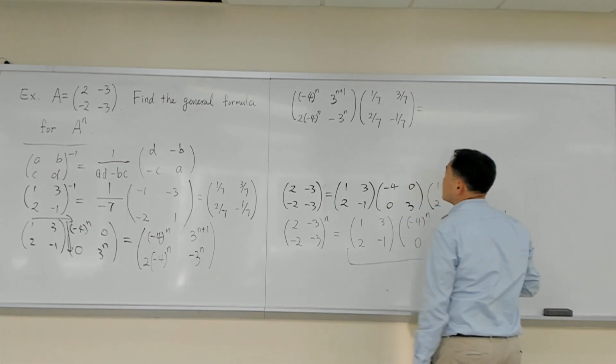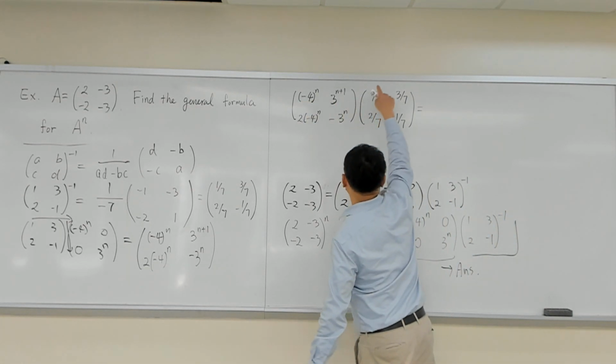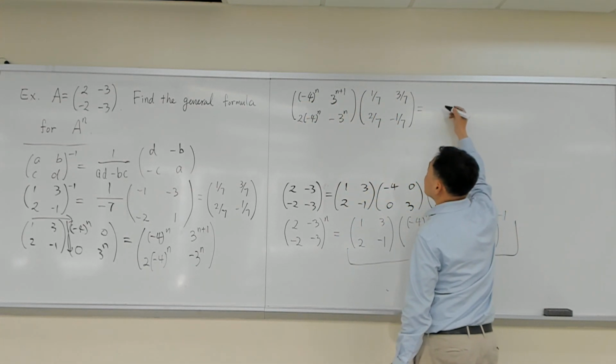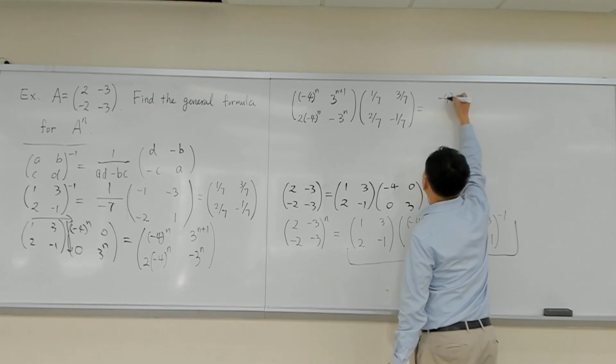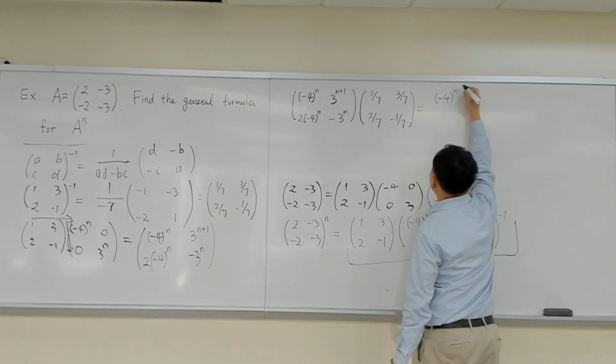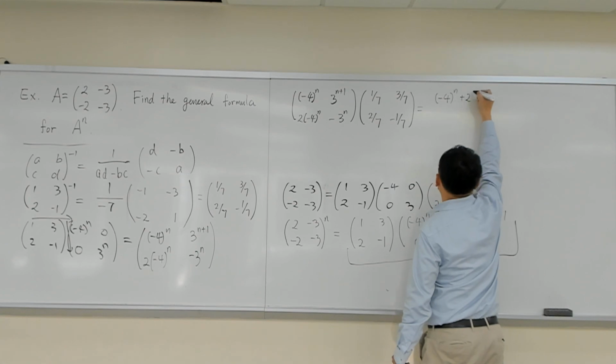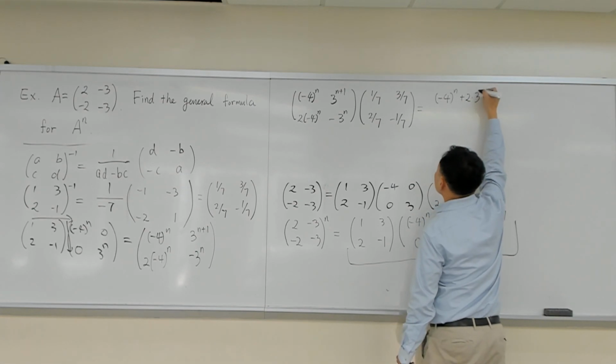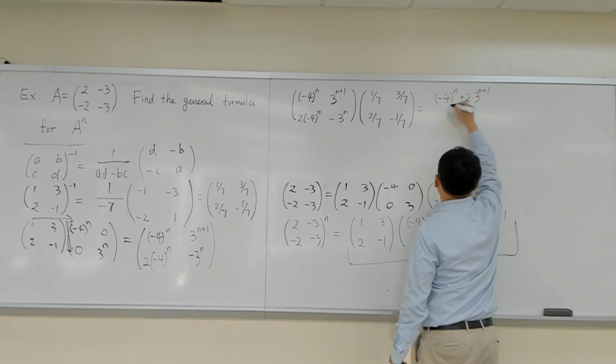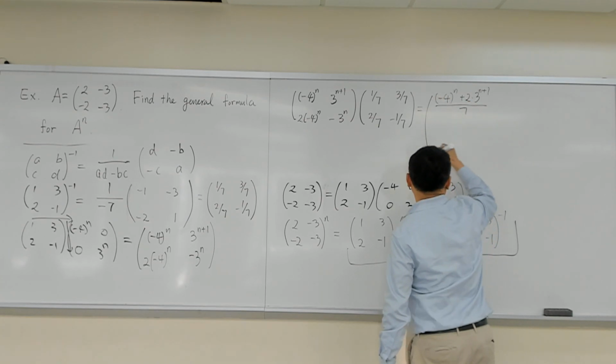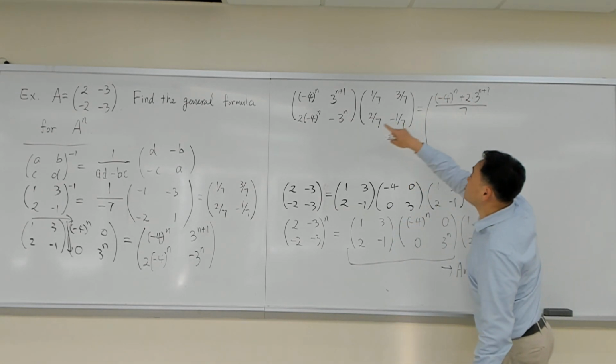Okay? And then if you do across down, now we have negative 4 to the nth power plus 2 times 3 to the n plus 1 over 7 as the first entry, and then multiply this times this.